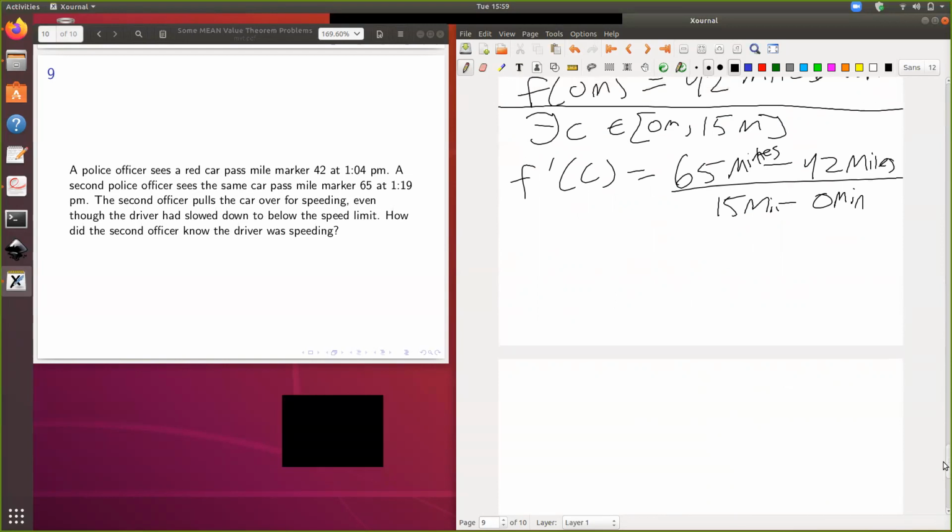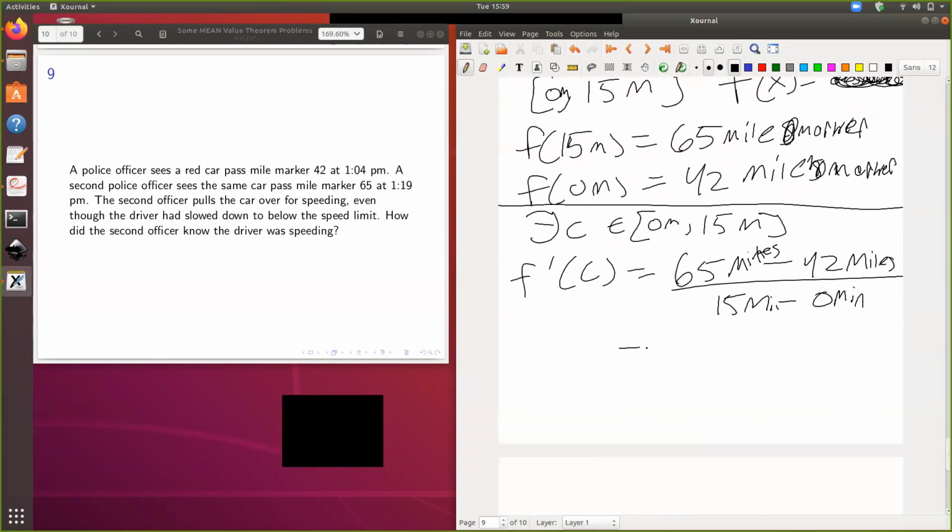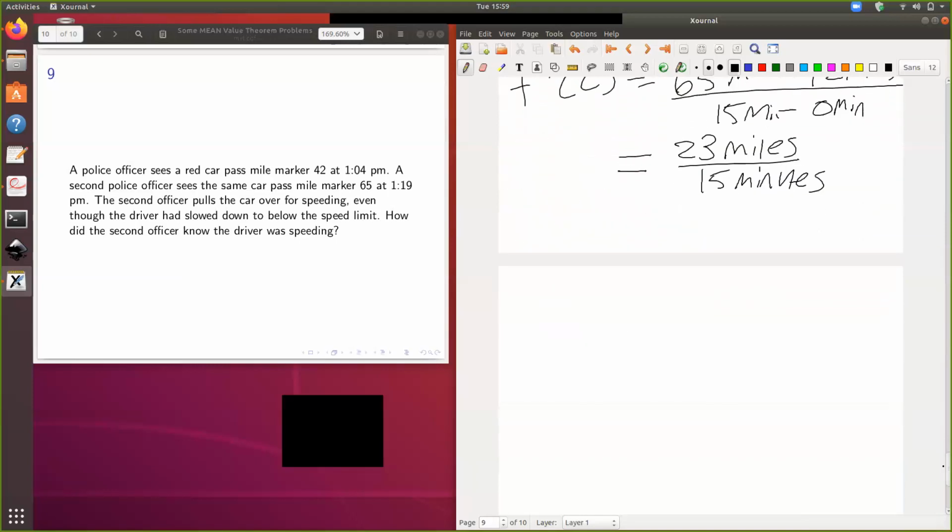All right, let's do a little simplification. 65 minus 42 is 23. 23 miles per 15 minutes. You might not know what that is right off the bat, but it's pretty fast.